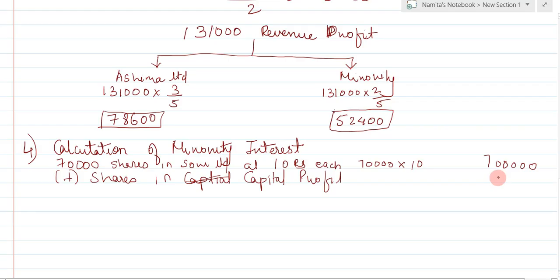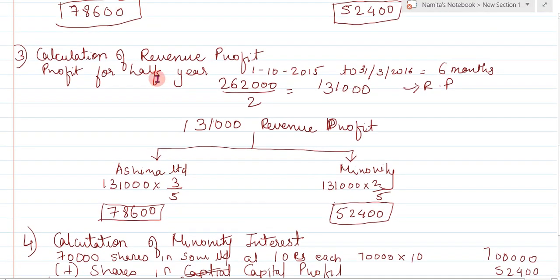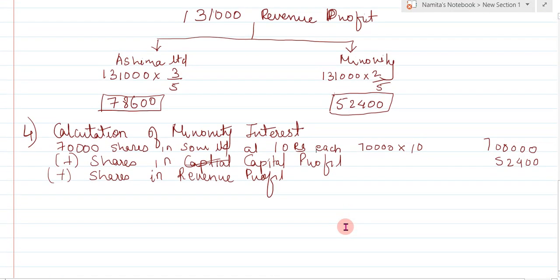Next, add the share of minority in revenue profit. In revenue profit, the minority share is 52,400.